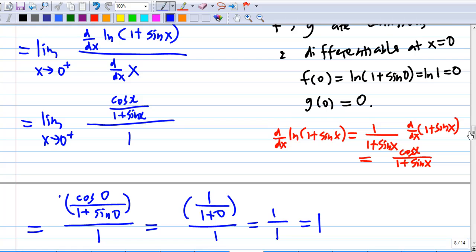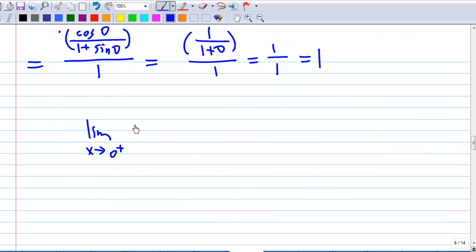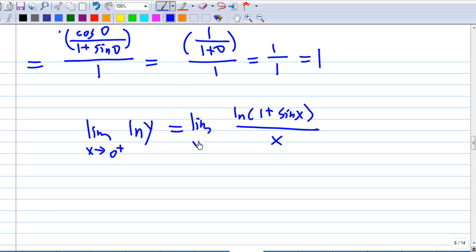That means that when x approaches 0 from the right, ln y, which is equal to ln(1 plus sine x) over x, the same as this expression, after applying L'Hopital's rule, you find that this limit is 1.